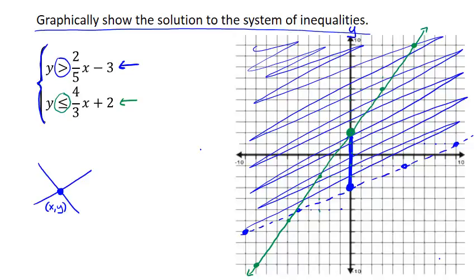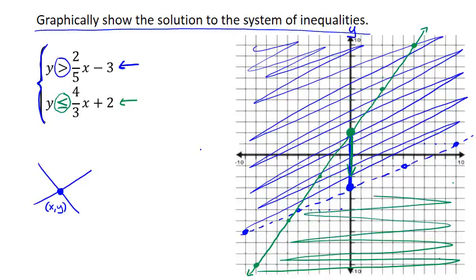That's inclusive. Now, it says that y is less than or equal to 4/3 x plus 2. So if I go to my y-intercept right here, on the y-axis less than is actually down. So it's everything underneath down here that represents the solution to that inequality.